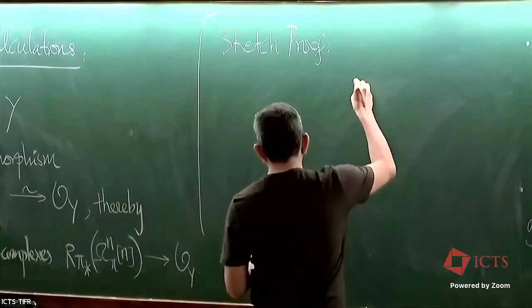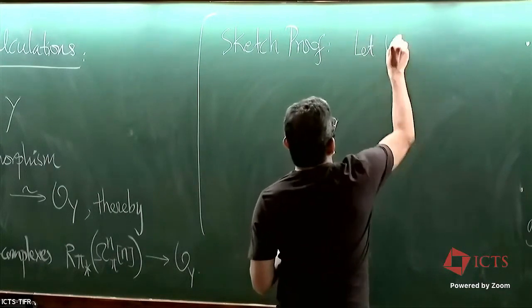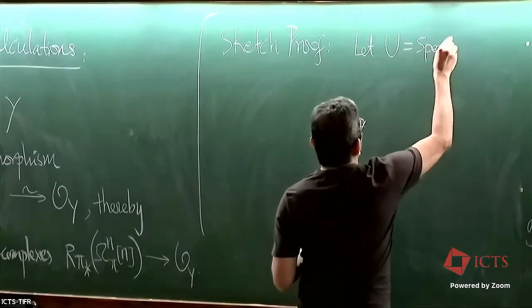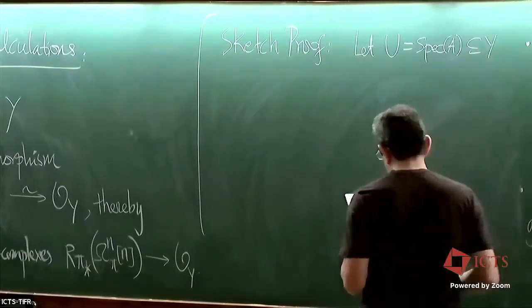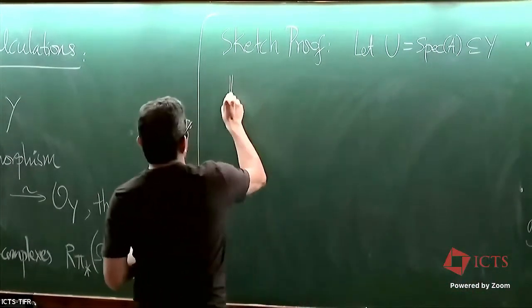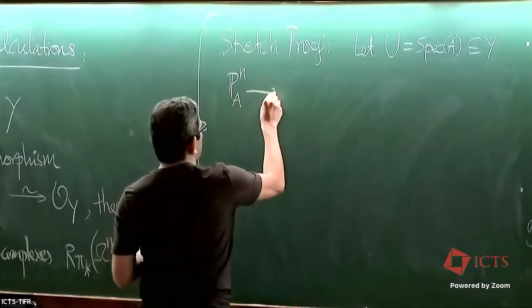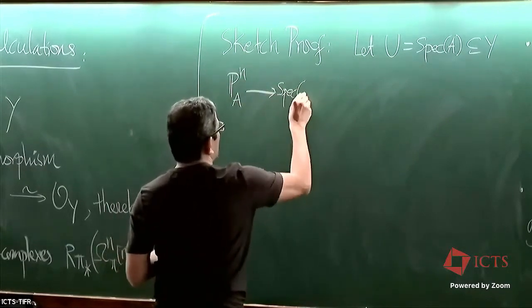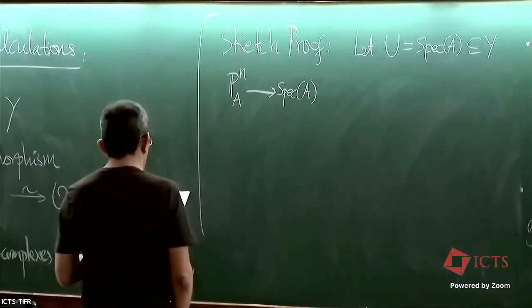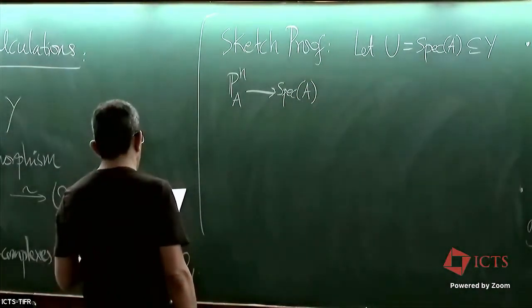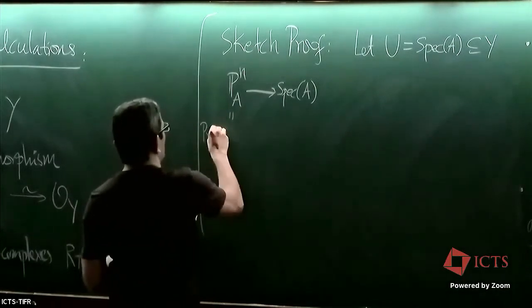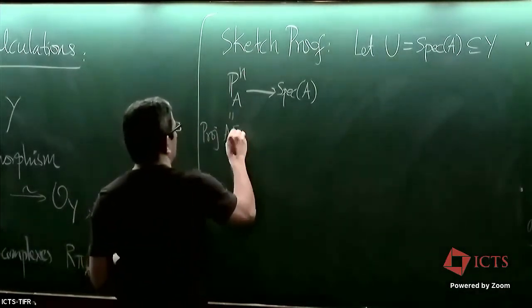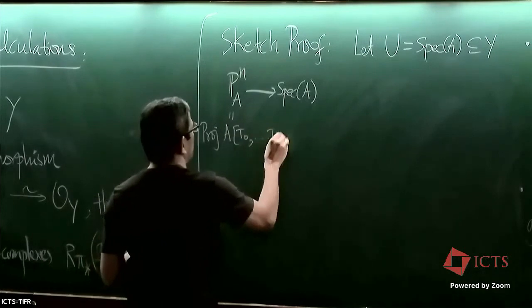You take an open set U inside Y. So then locally, this is looking like this map, where this is Proj of A[T_0, ..., T_n].